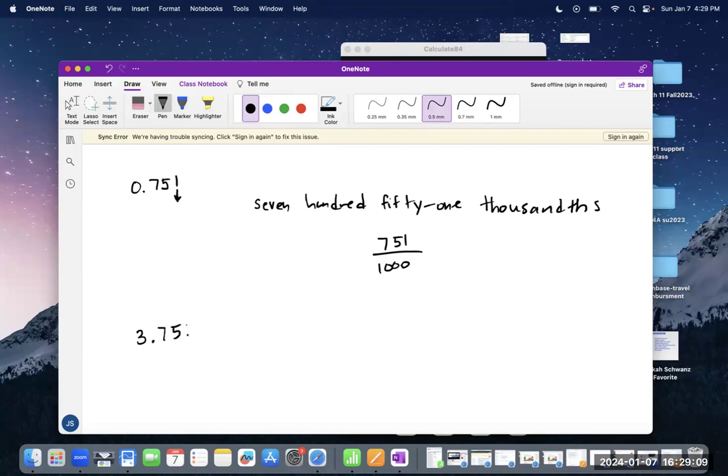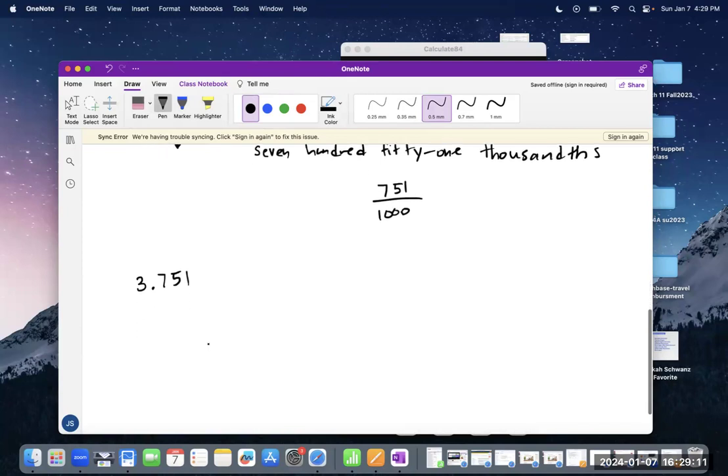Well, you could just ignore the whole number for a minute and just turn the decimal into a fraction like you would. So if I do my new method, I would make this into a lowercase i, draw a line, and draw zeros under all the digits that were to the right of the decimal originally. And then 0.751 as a fraction would be that, just like we saw above.